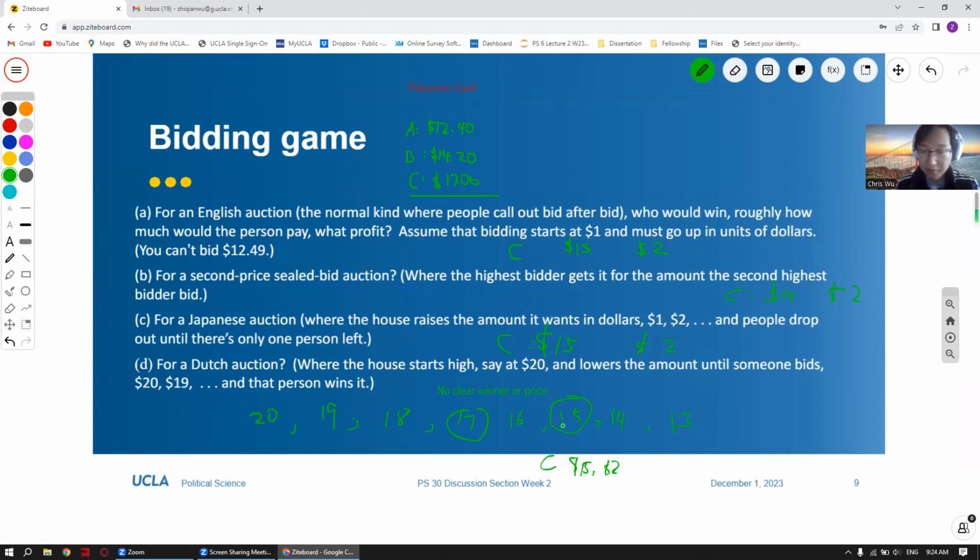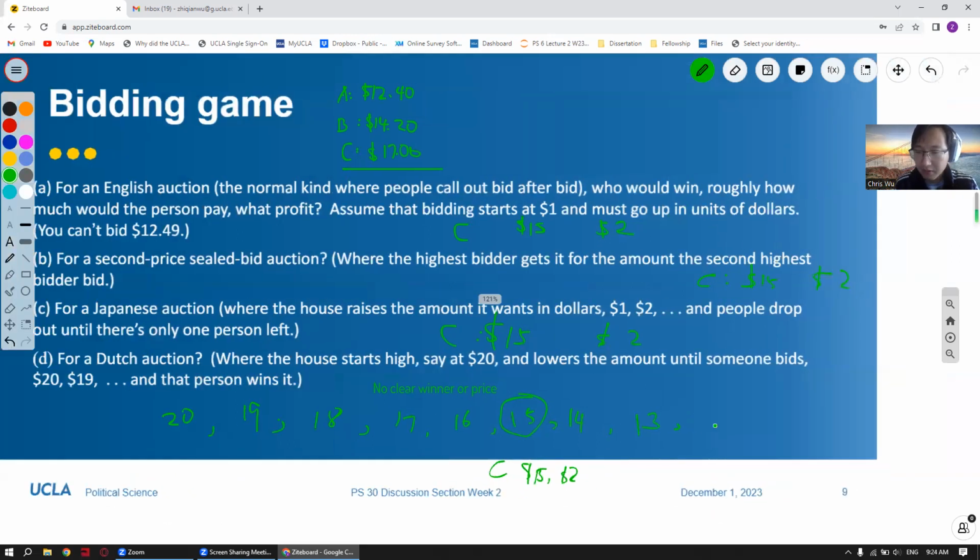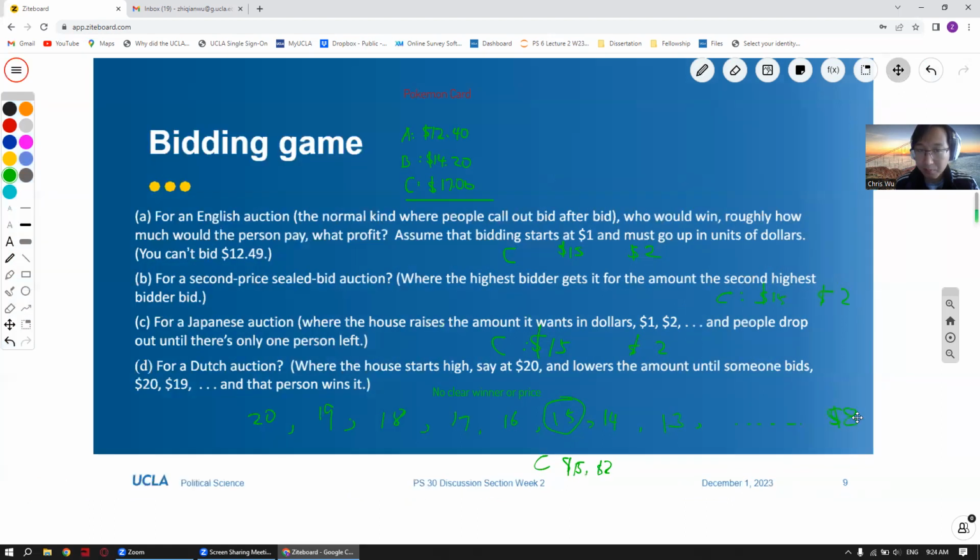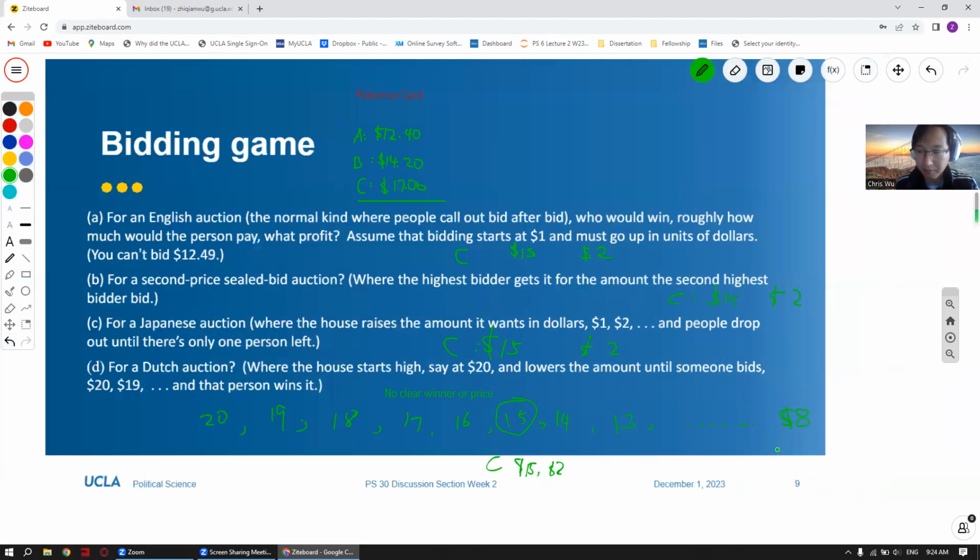B bid 17 and made a loss on that. But that's that. And then I think a third group went all the way down to like $8. I think it was B that bid at $8 and made a $6.20 profit or something like that.